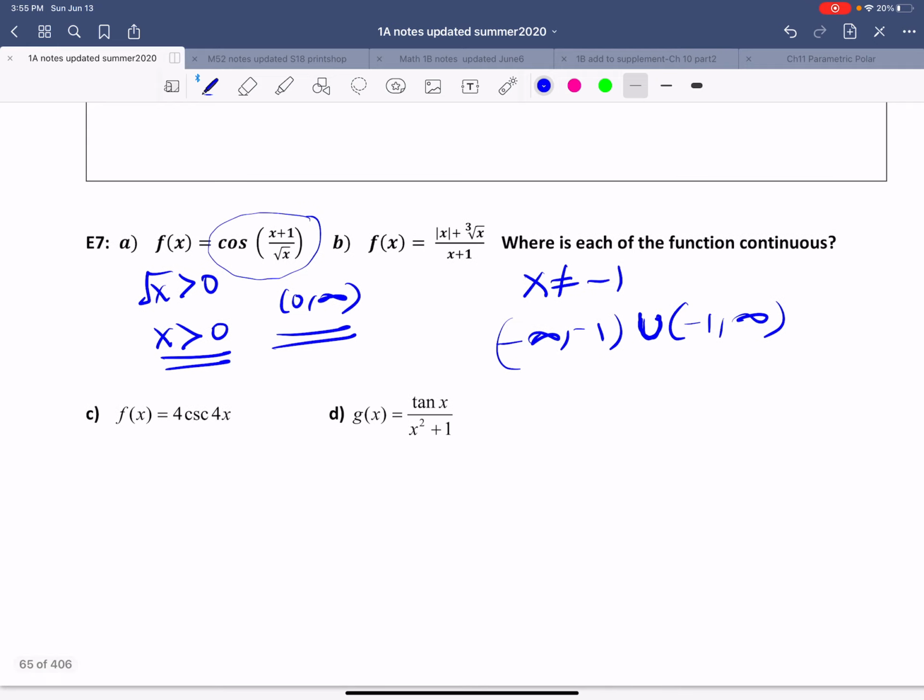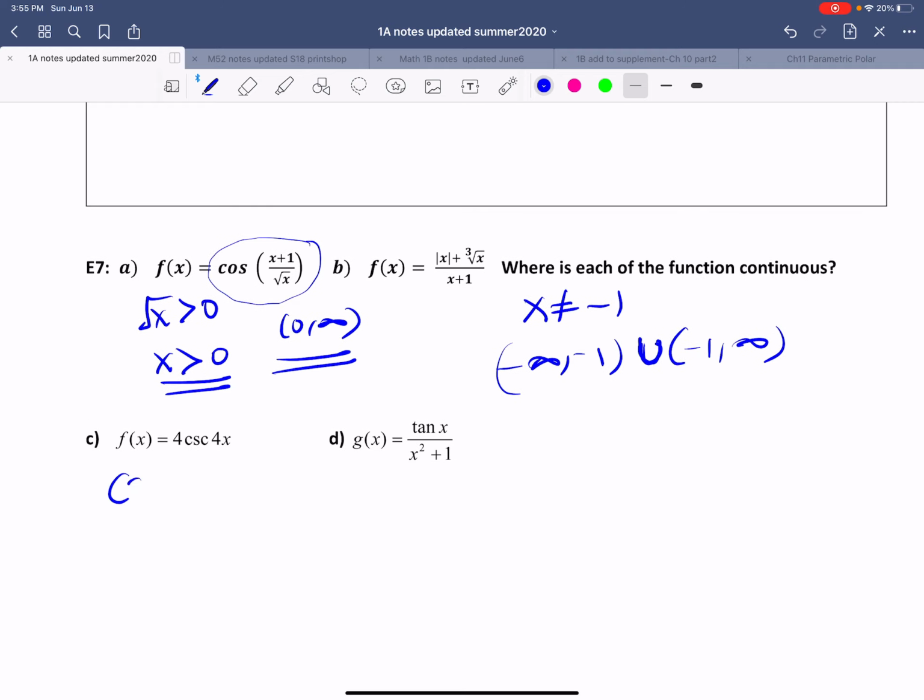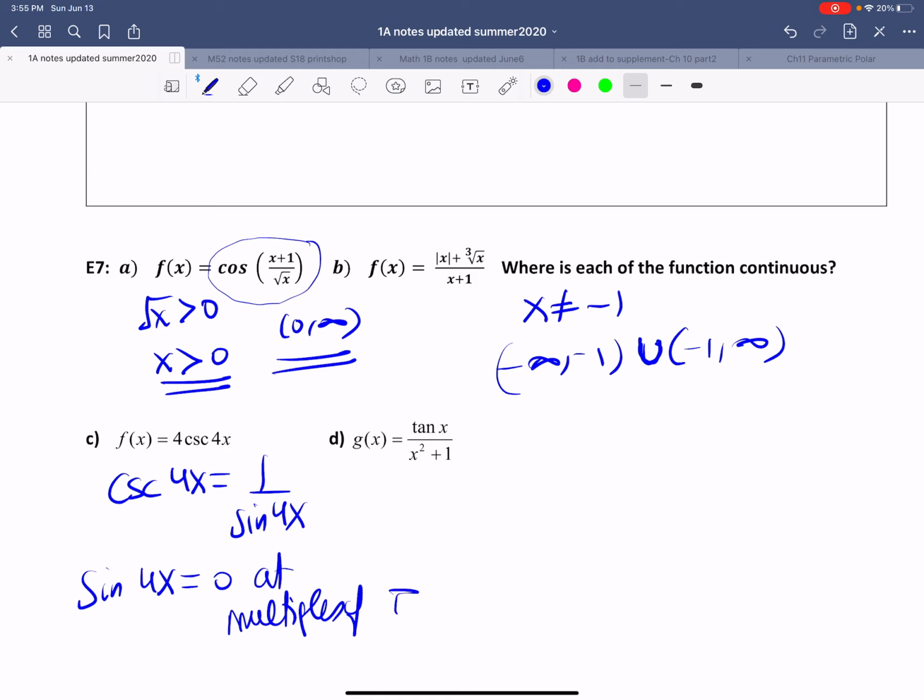Part C, we have cosecant function. Where is cosecant undefined? Let's think, cosecant 4x is 1 over sine 4x, right? Sine 4x is 0 at multiples of pi.